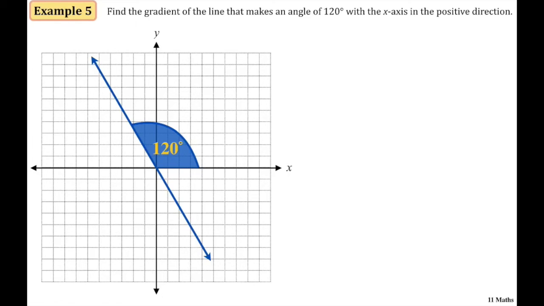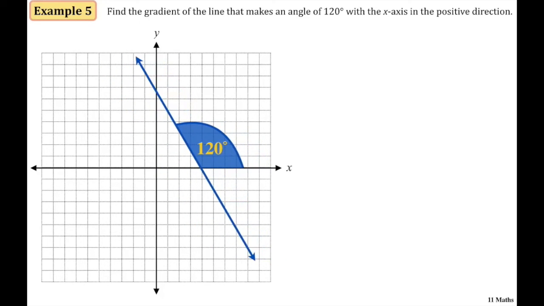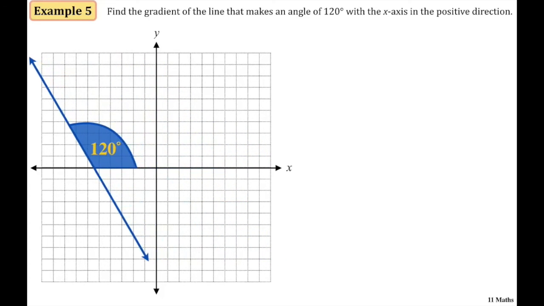Now, I don't actually have to go through the origin. That line could be positioned in a lot of different places, anywhere. It doesn't really matter, as long as the line's positioned along the x-axis in such a way that the positive side has an angle of 120 degrees. So now we can actually answer the question. We get our formula from earlier on, m is equal to tan theta.